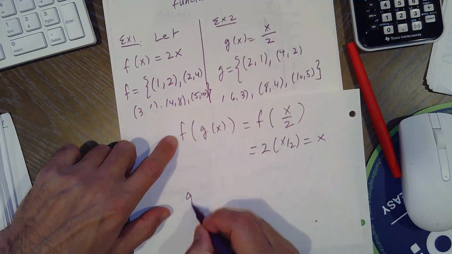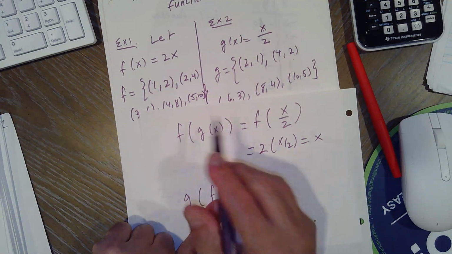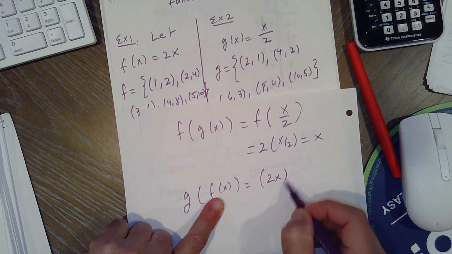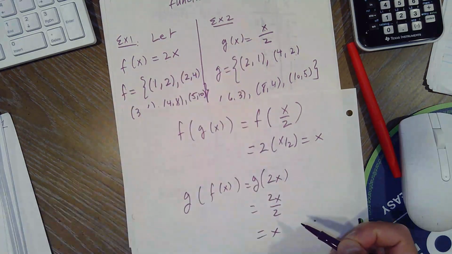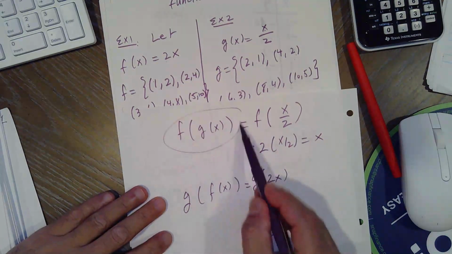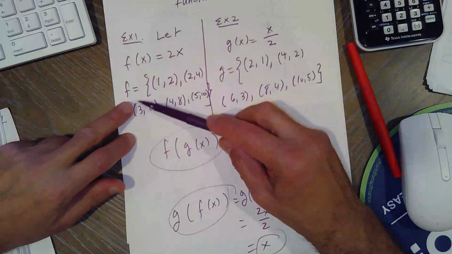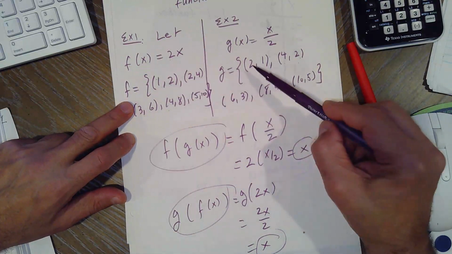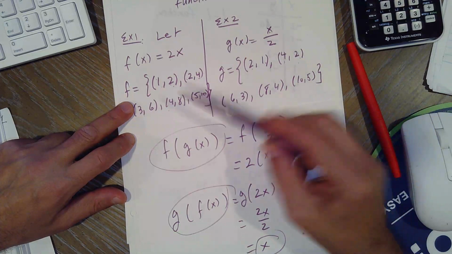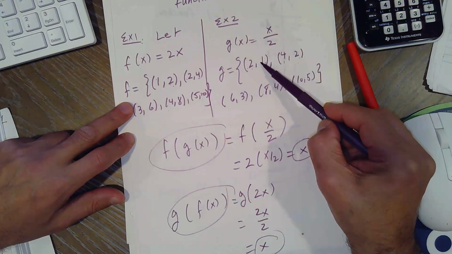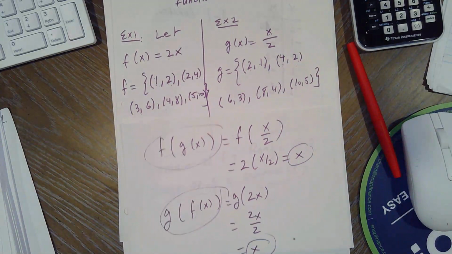And if you reverse that, g of f of x, f of x is 2x, you plug it into g, it cuts it in half, and gives you back x. It's obvious from here, look. f of 1 is 2, g of 2 is 1. f of 2 is 4, g of 4 is 2. If you reverse it, g of 2 is 1, f of 1 is 2. So it always takes you back to the original.